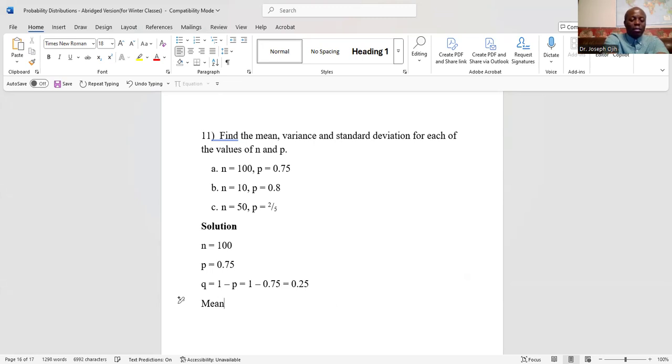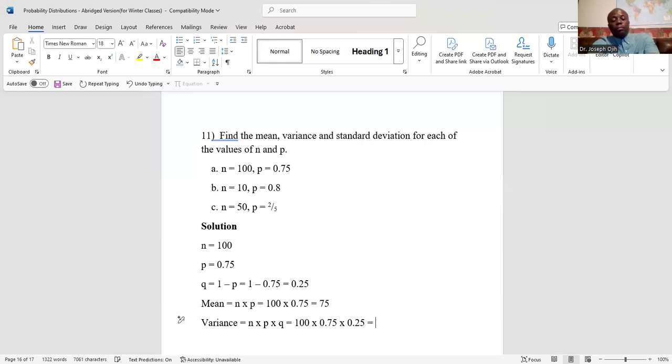So the mean equals n times p, which is 100 times 0.75. That gives you 75. Variance equals n times p times q, which is 100 times 0.75 times 0.25.